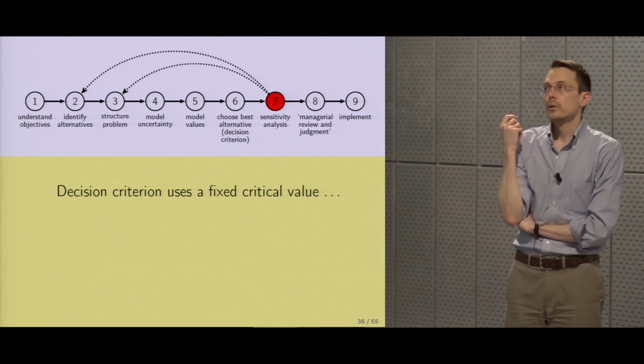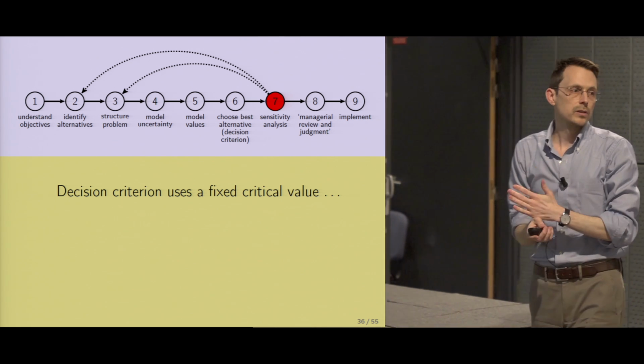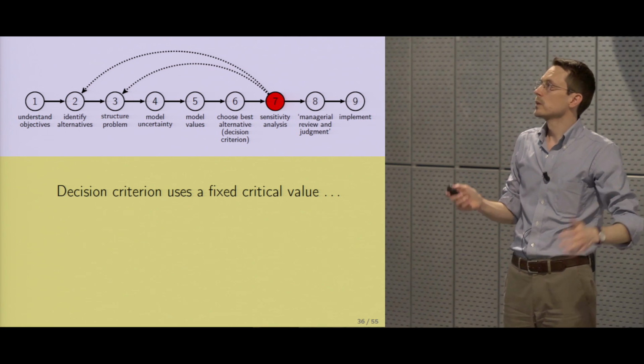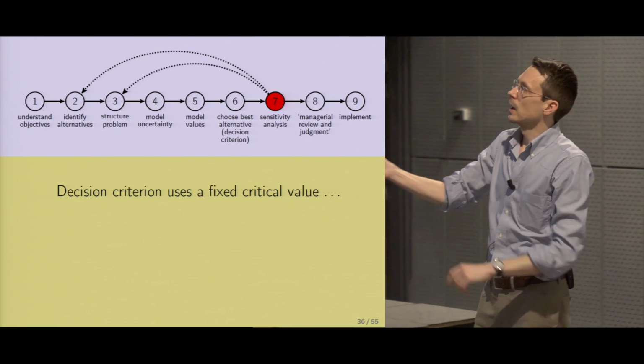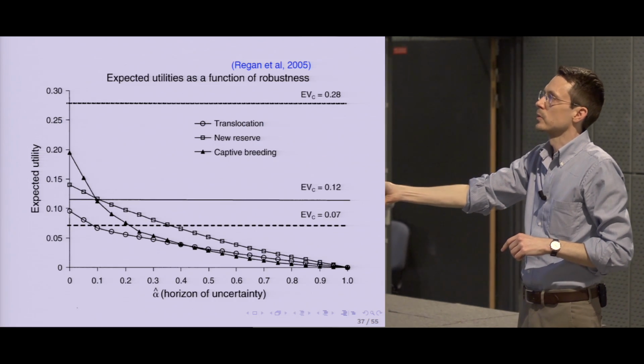Sensitivity analysis. Okay, so what happened at 6, this was based on a fixed critical value. But like in the chart that Yakov just showed, that's followed by sensitivity analysis on this critical value that was supplied at modeling values.